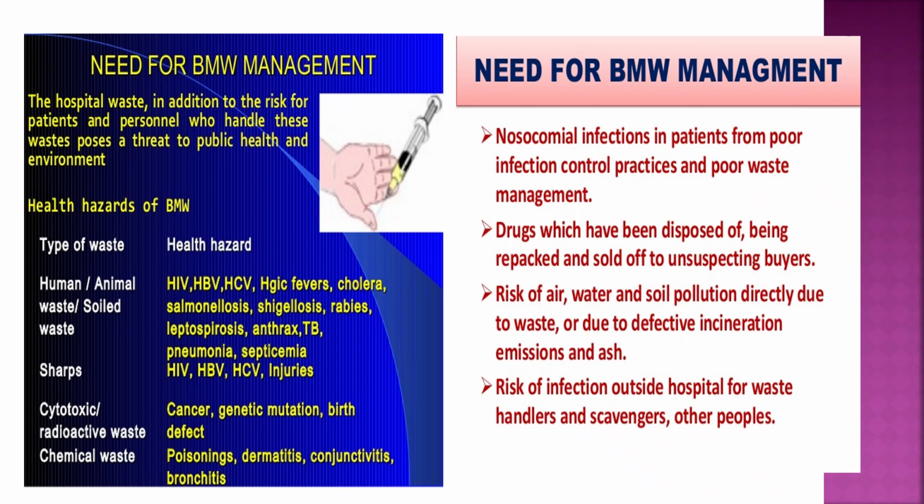So these are all associated with human or animal waste or infected waste. Then sharps can transmit infections like HIV, hepatitis B and hepatitis C. Then cytotoxic or radioactive waste can cause cancer, genetic mutation, or birth defects. Then chemical waste can cause poisoning, dermatitis, conjunctivitis, bronchitis.